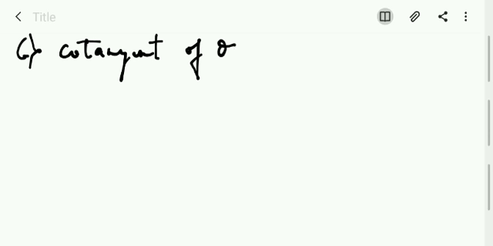Now come on, the last trigonometric ratio you need to know is cotangent of theta. Now come on guys, the name itself suggests you have learned about tangent.